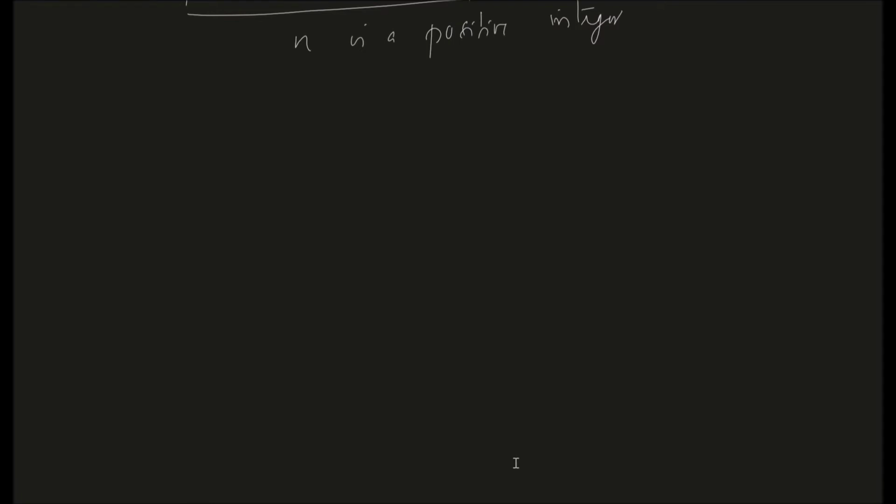So the first commutation relation that we are going to derive is the commutation between A and A dagger. If you remember the definition of A and A dagger, then this is half of (Q + iP)(Q - iP) minus (Q - iP)(Q + iP).